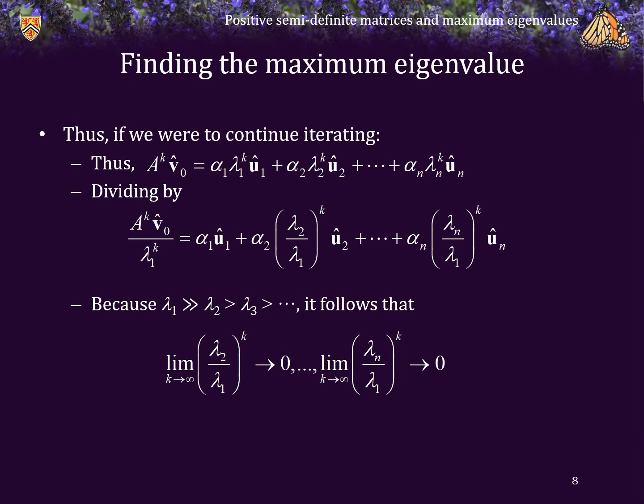Now, this assumes that we know what the first eigenvalue is, but what's important here is that, relatively speaking, all the other terms other than the first are quickly diminished in ratio with the first.